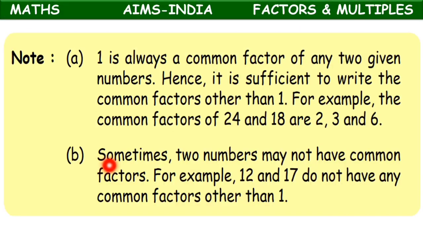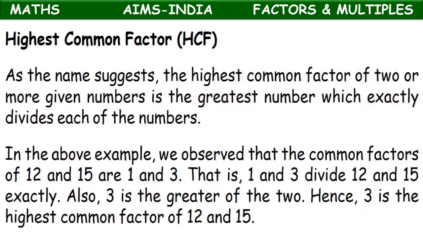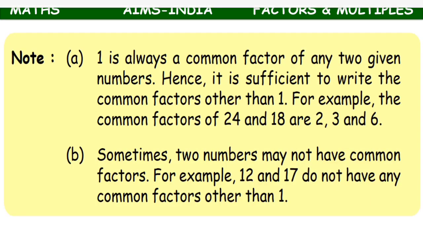Understood? Next, sometimes two numbers may not have any common factors other than 1. For example, 12 and 17. The factors of 12 are 1, 2, 3, 4, 6 and 12.